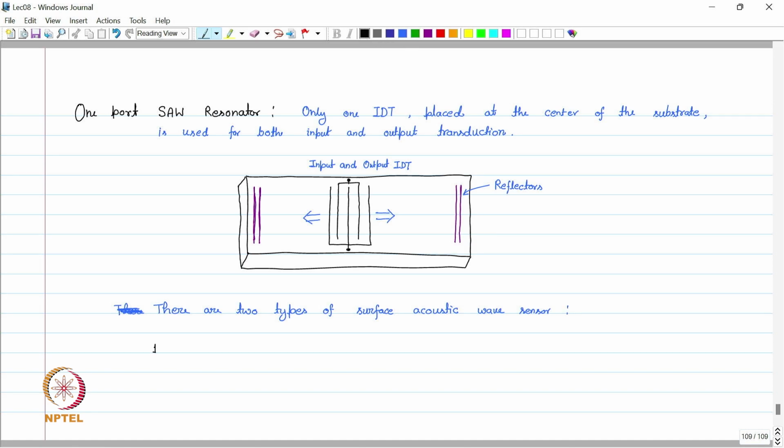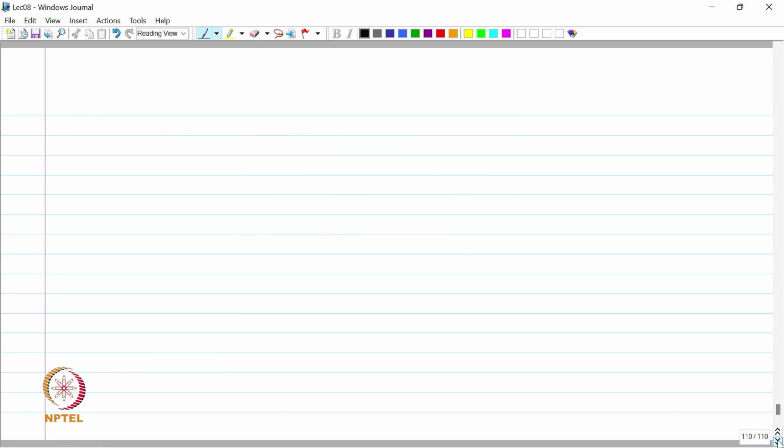The one is the direct and the second one is the indirect. So let's discuss them in brief. The direct SAW sensor.